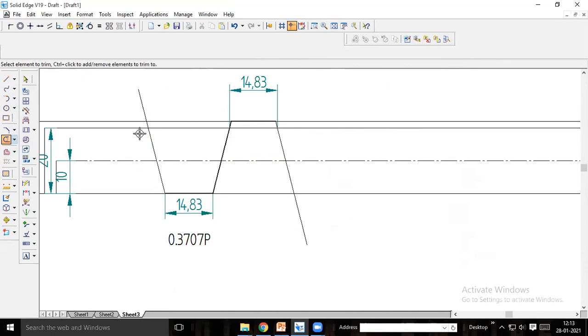When doing manual drawing, on this line you draw 14.83. Then extend this line with a thick line. Here also you extend this line and then make this portion visible. This is not 14.83, this is 13.79.